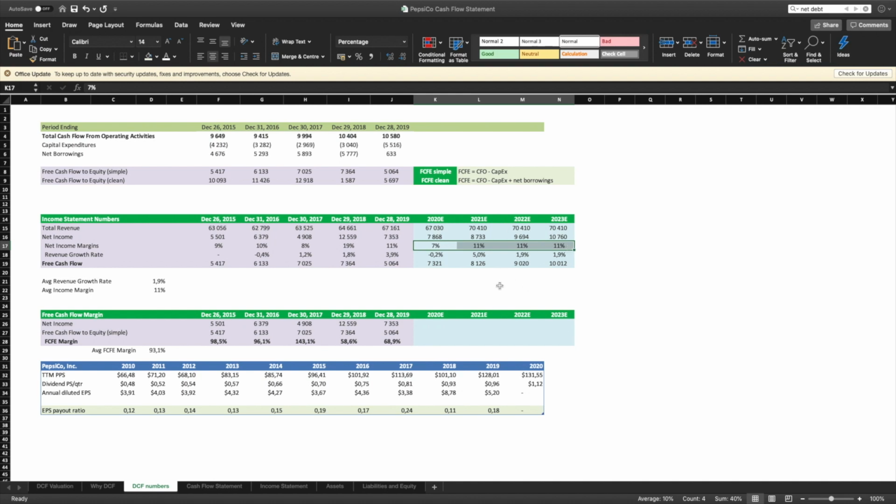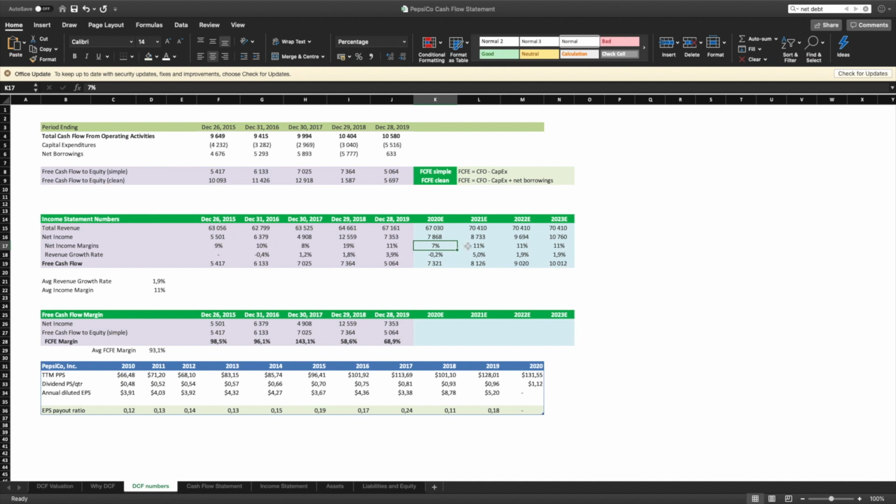However, during the corona pandemic, I wanted to be a bit on the conservative side, as I don't really believe that the income margin will be that high for this year. So for this year I went ahead and used a lower number: I put 7% instead of 11%.